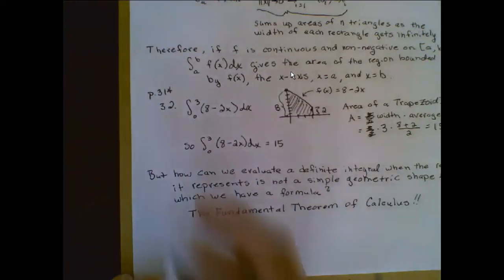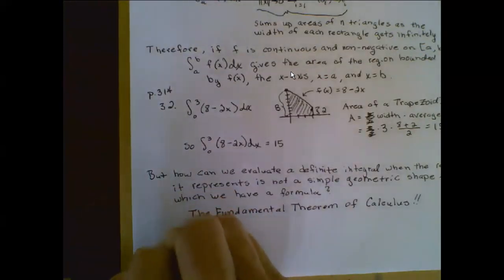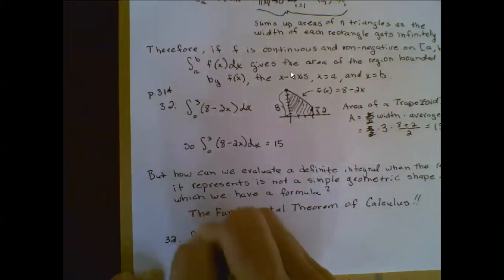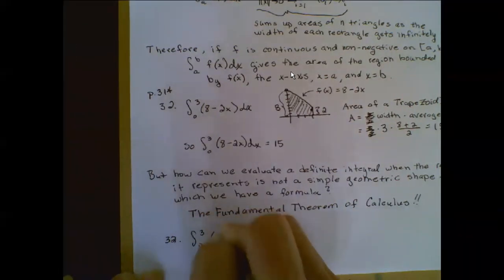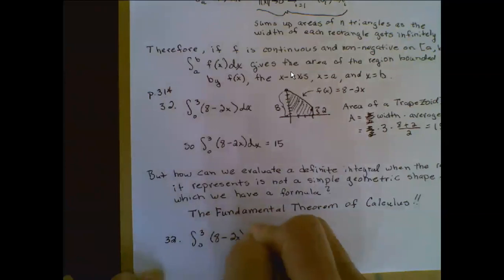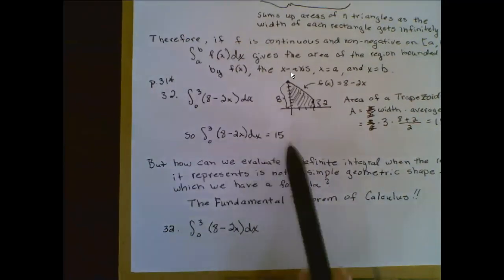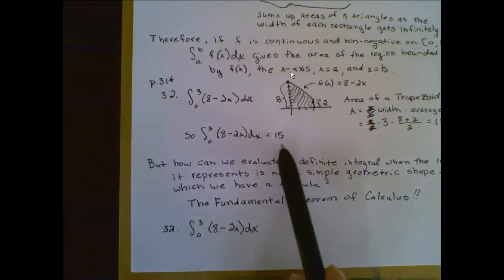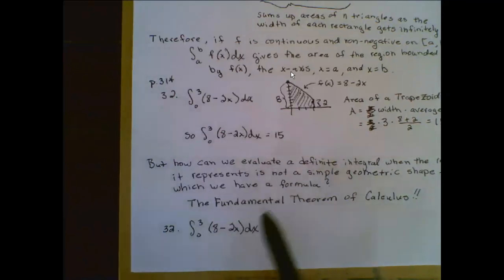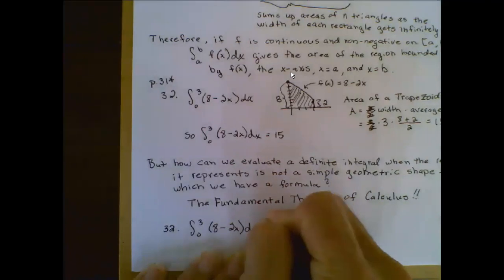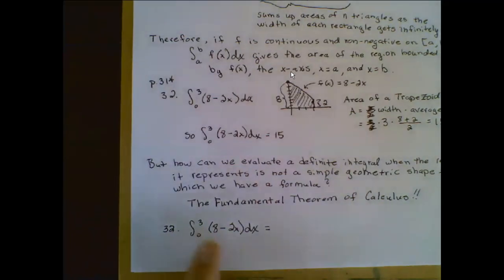But if we go back to this number 32, we already know the value of this is 15. We just want to show that the fundamental theorem of calculus will give us the same thing. Help me find the antiderivative of 8 minus 2x.